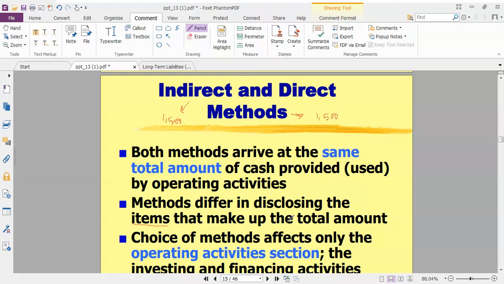So the difference is just how we choose whether indirect or direct. The items that we disclose under the indirect and direct, that is the difference between them. Okay. So but the total amount at the end should be the same. Okay. Something like that.